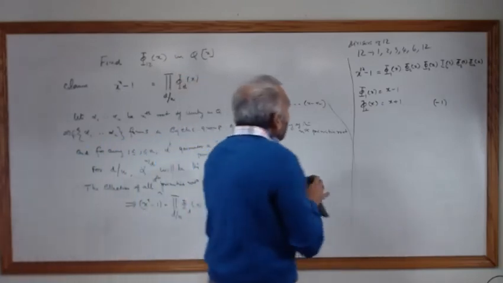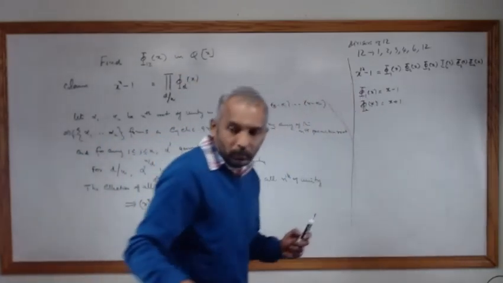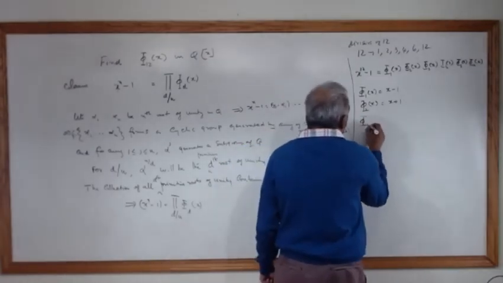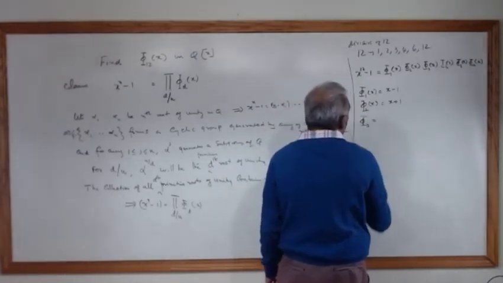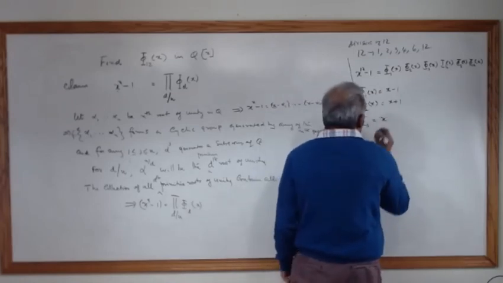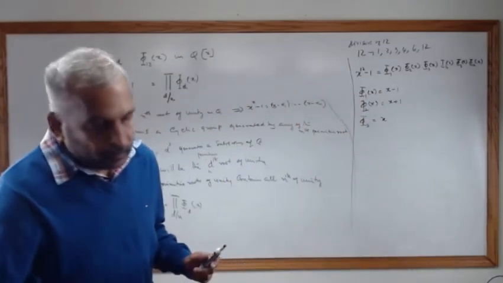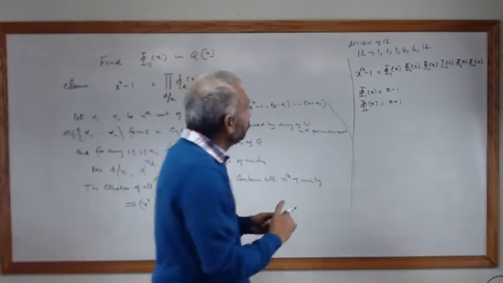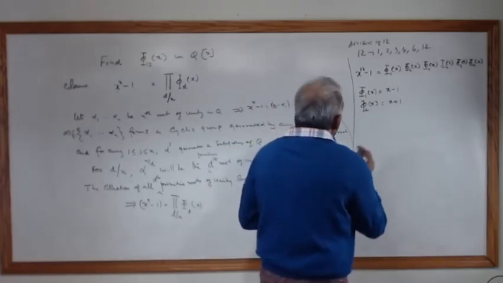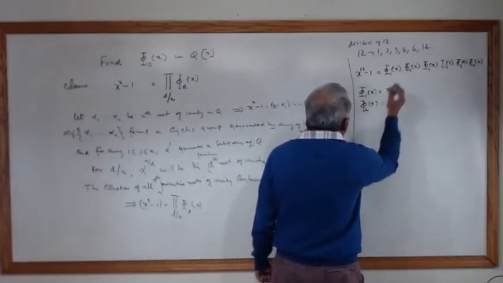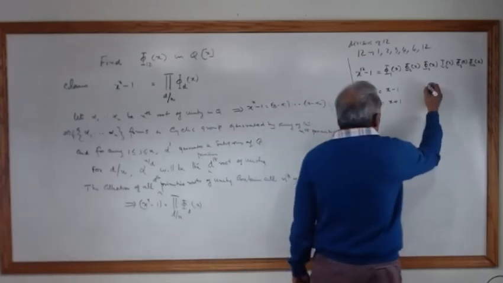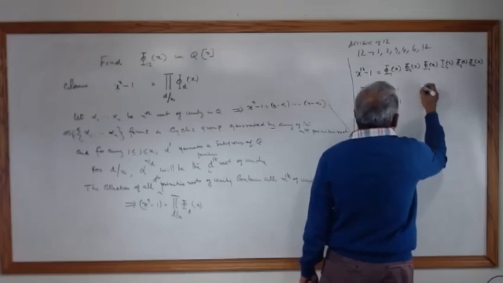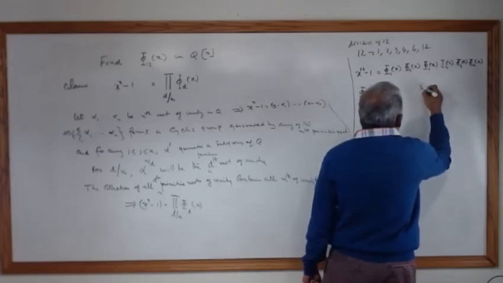Okay. Now let us take phi of 3. To find out phi of 3, what we will do is use this rule. The divisors of 3 are 1 and 3.